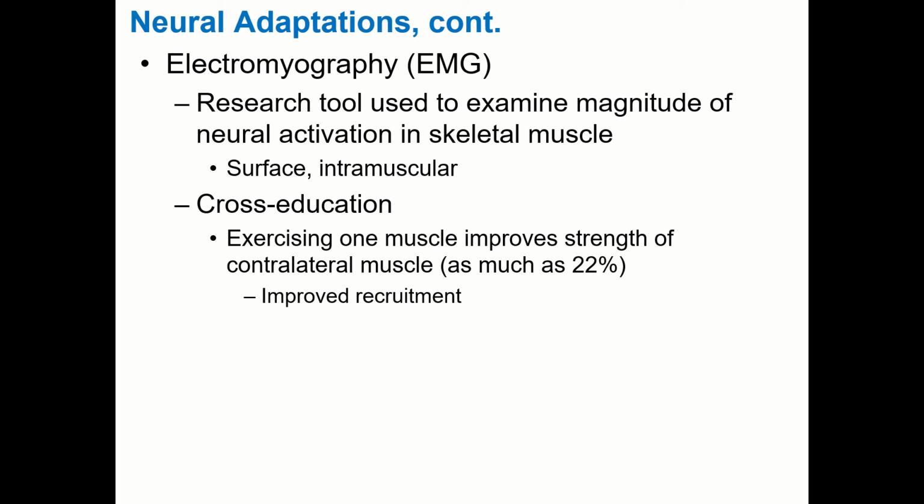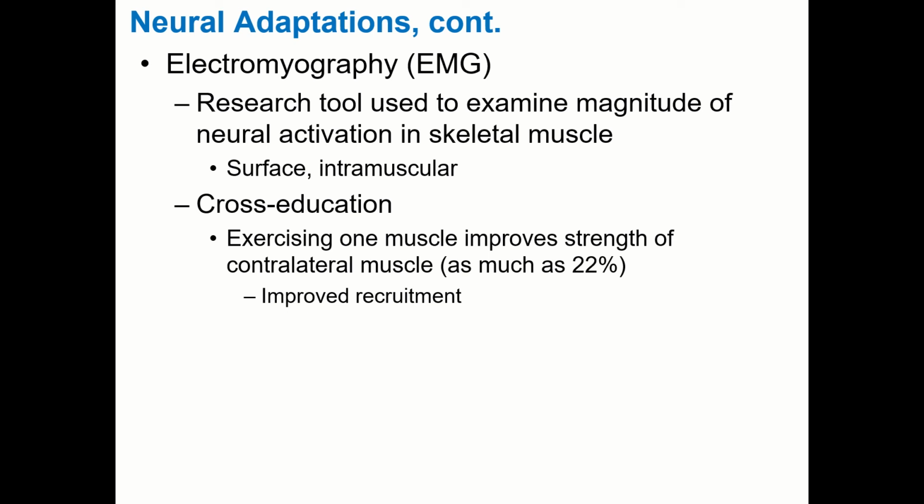And we have you come into the lab and do curls on your right side 3 times a week for 8 or 10 weeks. At the end of that, of course, your right side, your biceps on that side in particular, is going to be larger and stronger. But what you'll also see is an increase in strength on the left side. Even though you never did curls on that side, your left side still gets stronger. And so that is that cross-education.